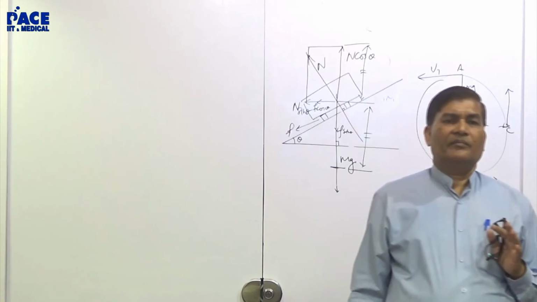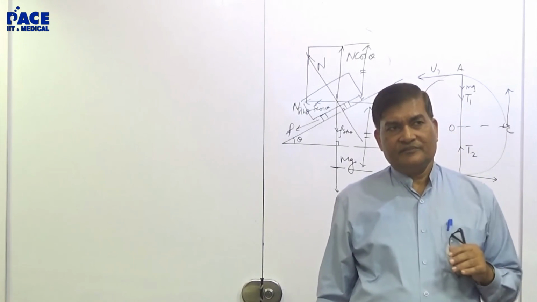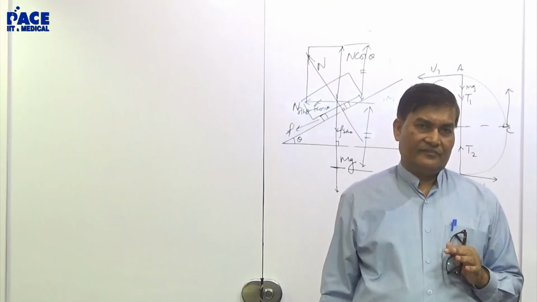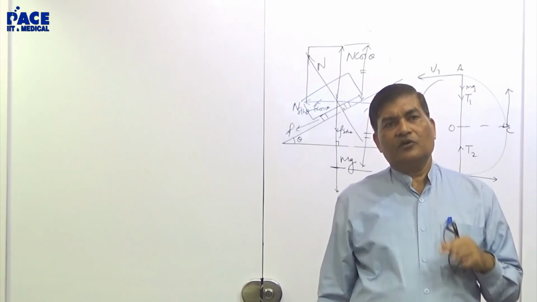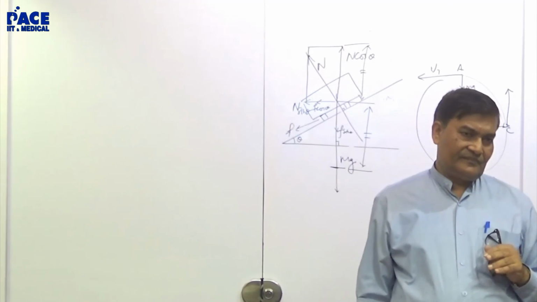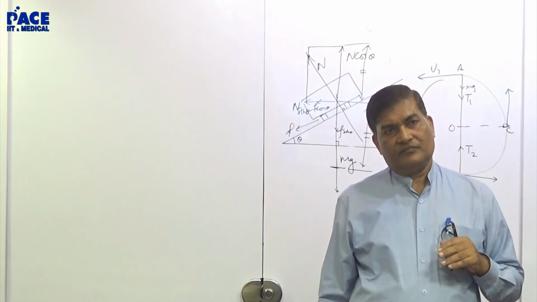For derivations and diagram descriptions, you cut short, because description does not carry many marks. Whether you write it in 10 lines or 3 lines, the marks are half only. So that way you can manage. Okay?